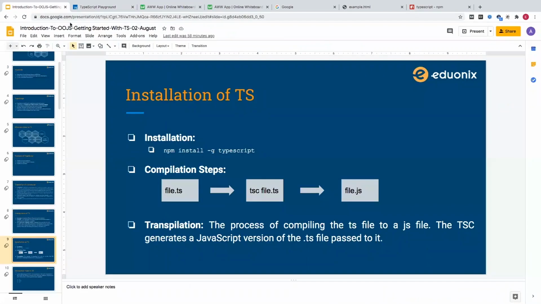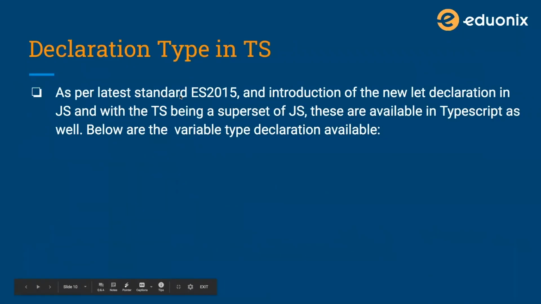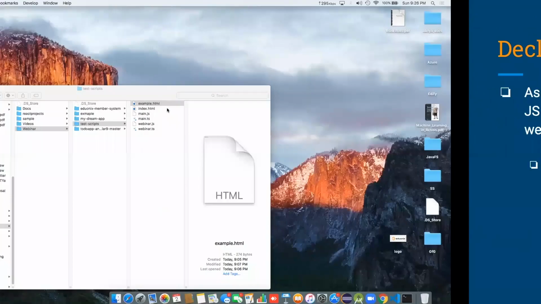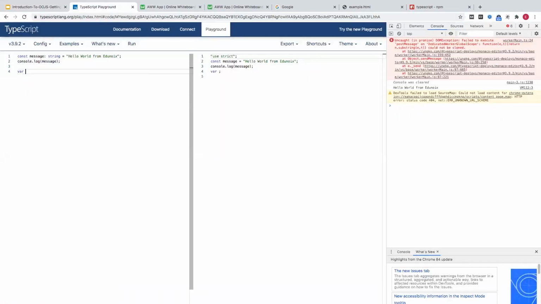Now, moving on to the next part, which is my declaration or my types. In my JavaScript, I was having something as var. So what is a var? Var is a variable. Like over here, if I say var a equal to 10, this is not giving me any error.